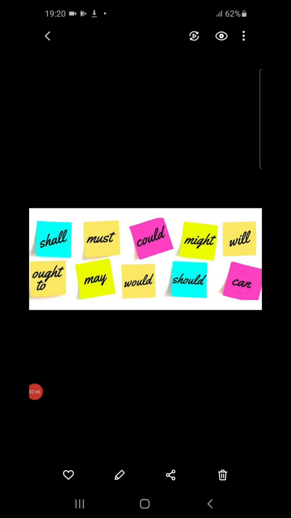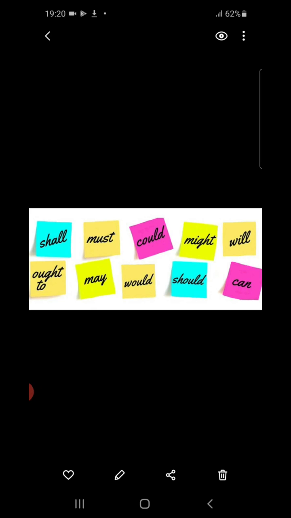Look at the words of modals once again: shall, must, could, might, will, ought to, may, would, should, can. These are basically helping verbs or auxiliary verbs, as I have told you.